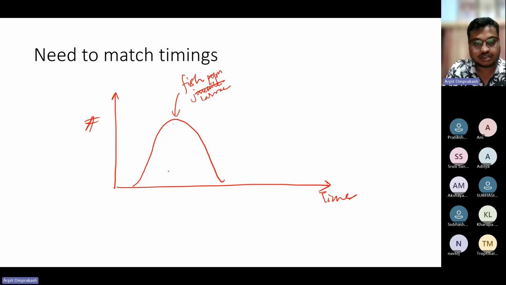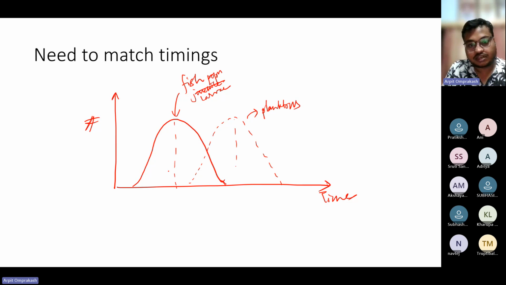This is, let's say, the time around which most of the fish are reproducing, so you have the highest number of larvae here. But you will also have some fishes reproducing slightly later, or slightly before, so you'll have this distribution. This is the number of fish larvae in the population. And let's say the other graph we have is the number of phytoplanktons or number of planktons.